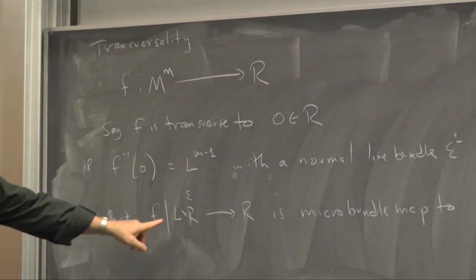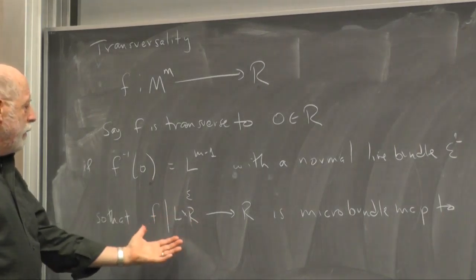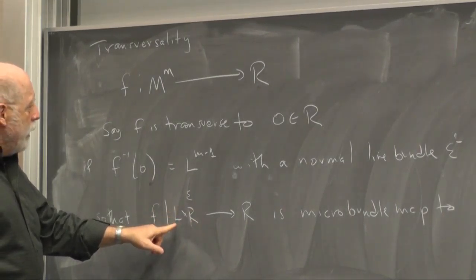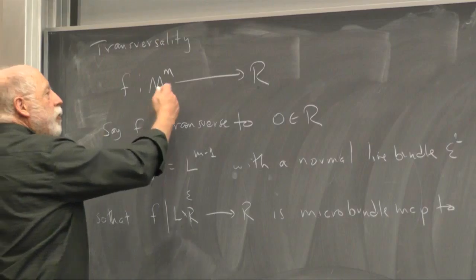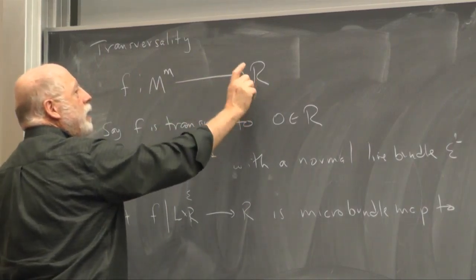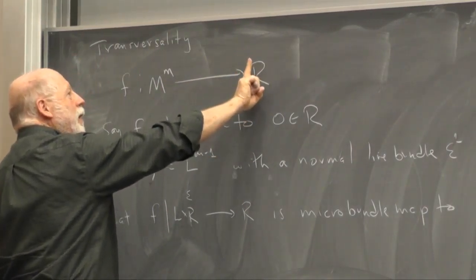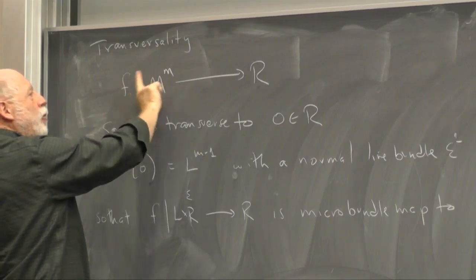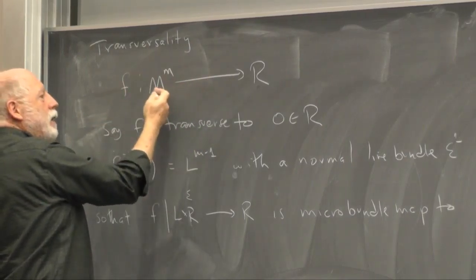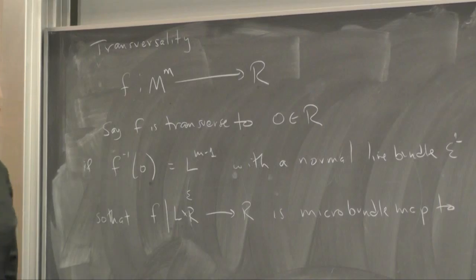So I'm thinking of R as just a line bundle over a point. You can set this up various ways, but in transversality, if this is smoothly transverse to a point, then that point has a normal line, and that line gets pulled back to a normal bundle all along this codimension one manifold. Well, the same thing is true in the topological case.